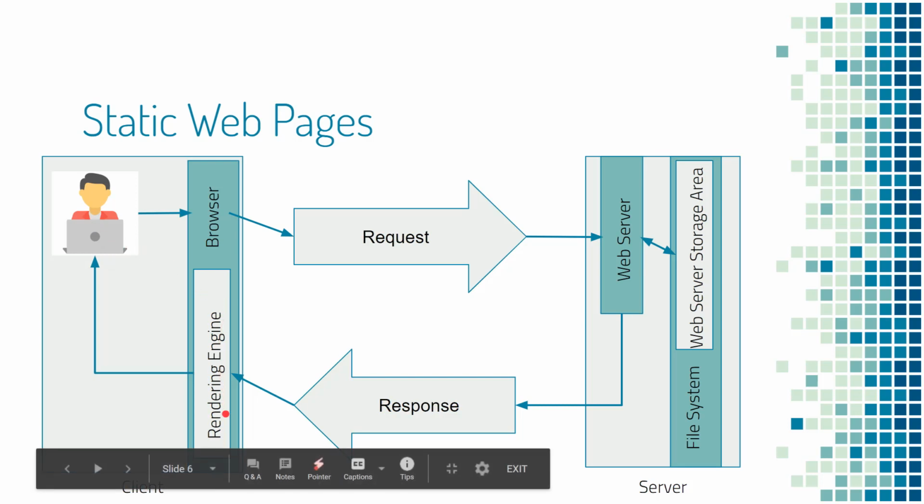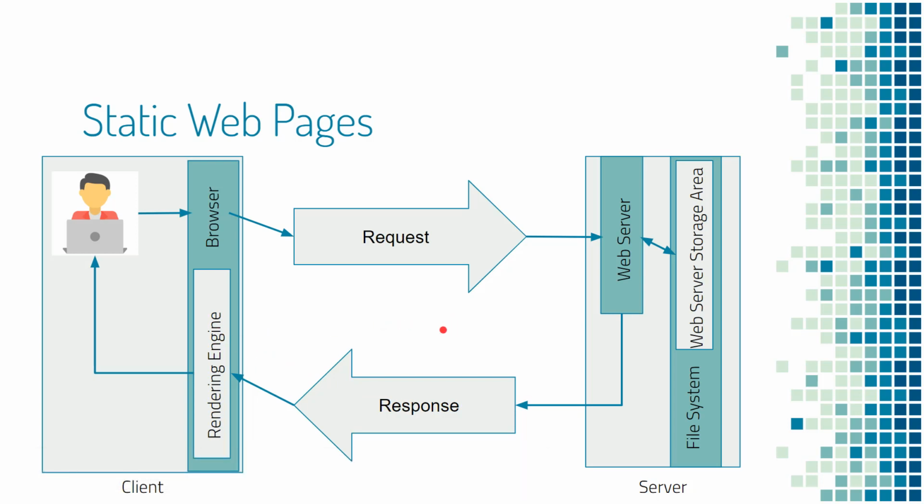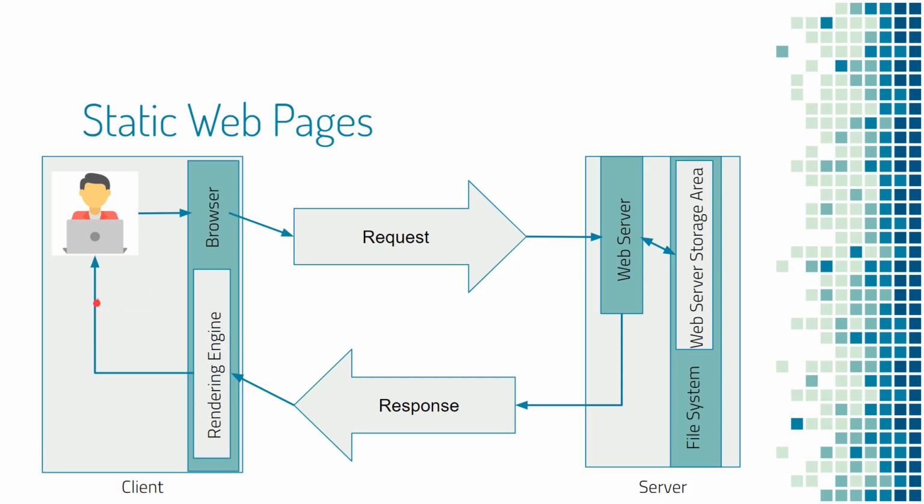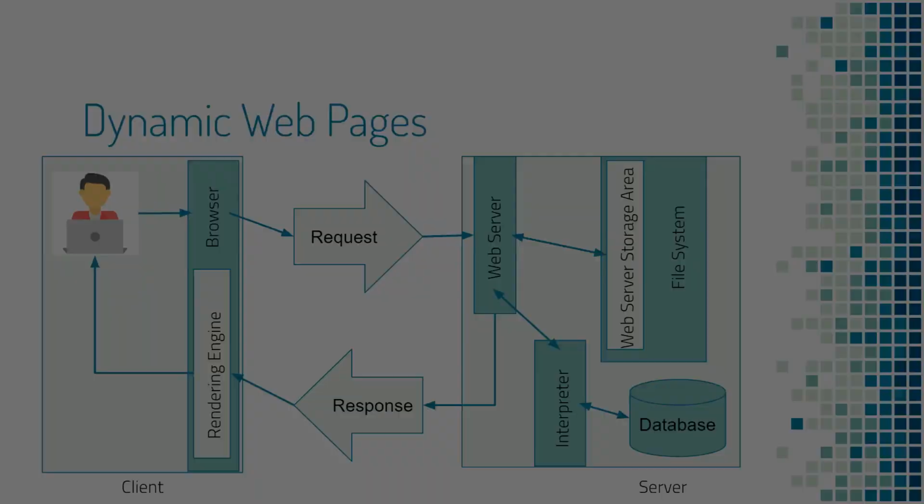So for now, let's say the rendering engine is acting as a compiler. It compiles the CSS and HTML files that come from the server as a response, to show them on the browser for the user to see. This is the process, or the track, that static web pages follow.